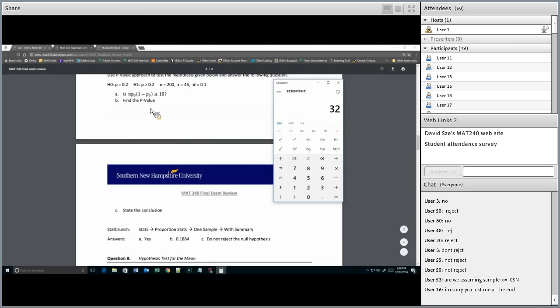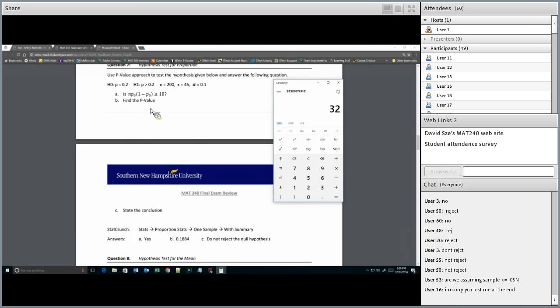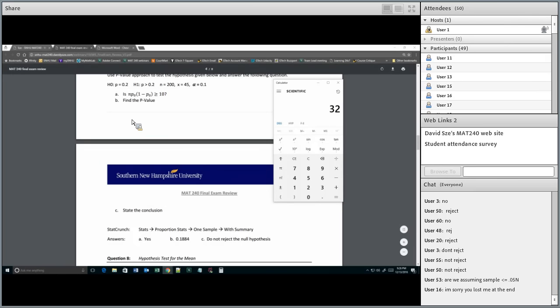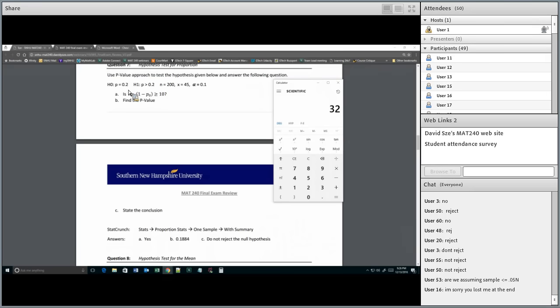Okay, and then we had to find the p-value. Basically all I did was take this equation, N times p0 times 1 minus p0. N is 200, p0 is 20%, 1 minus p0 is 100 minus 20%, which is 80% or 0.8.